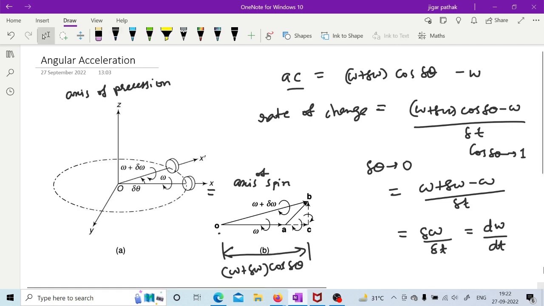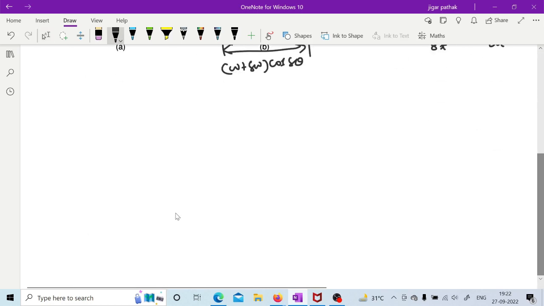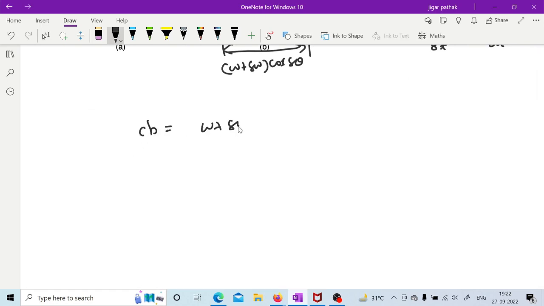Now you have one more component, the vertical component CB. If you observe the figure, it is (omega plus delta omega) sine delta theta, divided by delta t for the rate of change. If delta theta tends to 0, sine delta theta tends to delta theta.